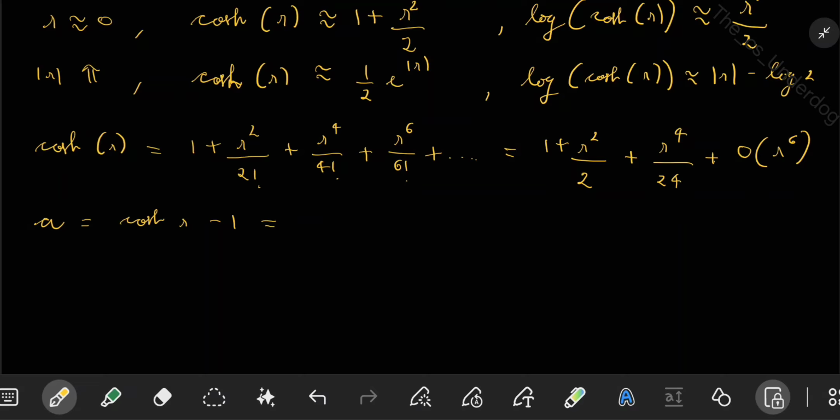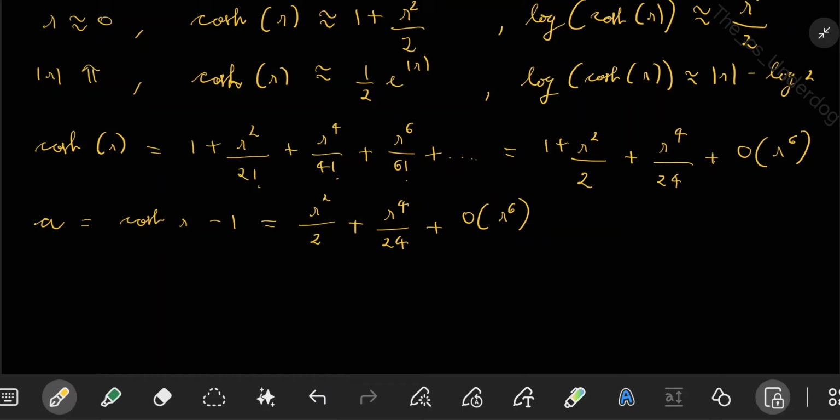So this one will go off. Then the term will be r square by 2 plus r power 4 by 24 plus order of r power 6, right? This is my a value, which is cosh of r minus 1. So from this particular value, I just removed 1 because I did a minus 1.